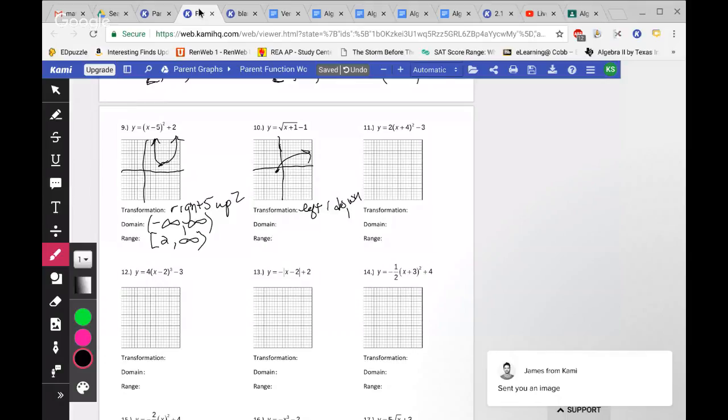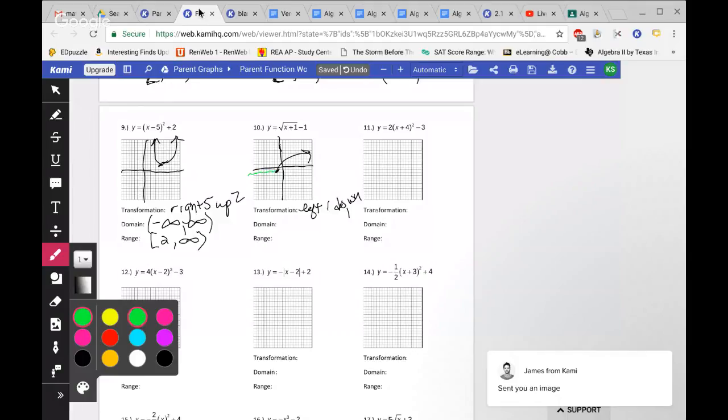Okay, on this one, the domain. When we follow our pencil along the x-axis, our domain starts right there, because nothing to the left of that starting point is a possibility for an x, is it? Because it's only extending in one direction forever.